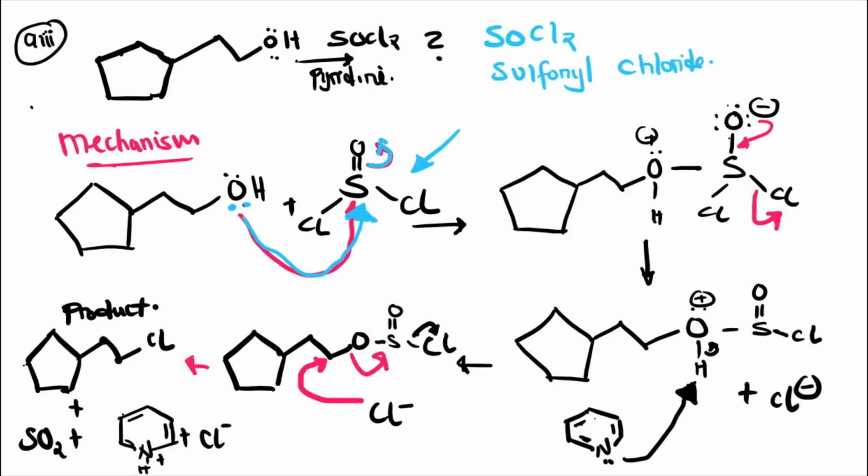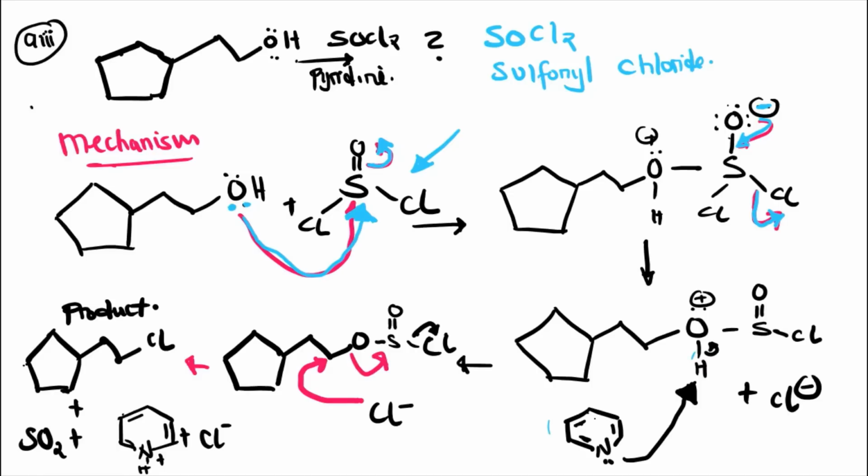This bond is going to break. If that bond breaks, this is what you're going to form. But then this bond, the negatively charged electrons on the oxygen are going to reform this bond here. And then it will kick out one chloride. And then pyridine in solution is going to come and get the excess hydrogen on the oxygen here.